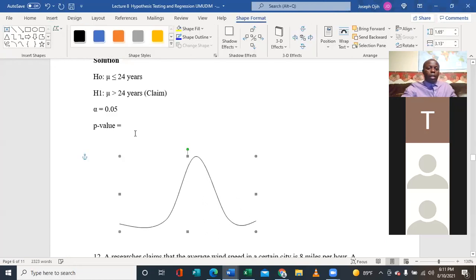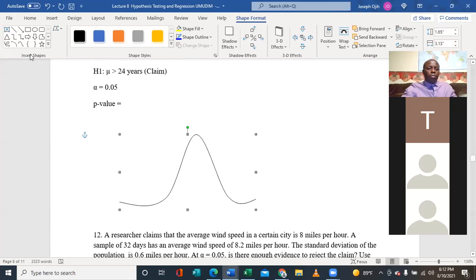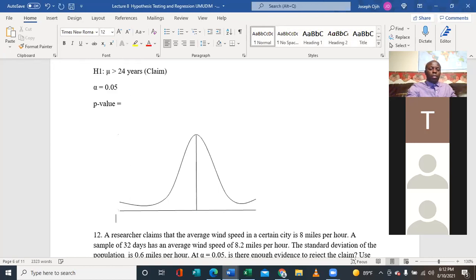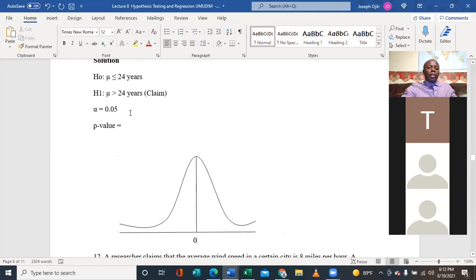Then we put the 0, which is the mean of the standard normal distribution. Now it says greater than. That means it will be on this side. This side is less, this one is greater than.